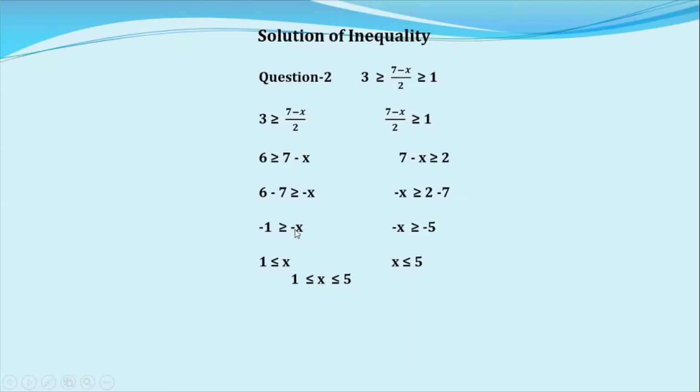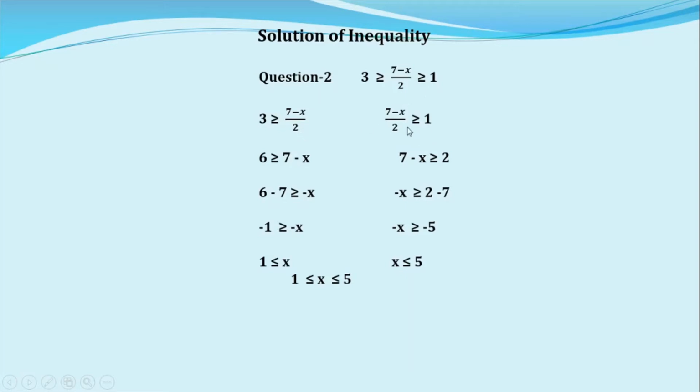So here 1 is the coefficient of this x, minus 1. If we take it on the left hand side, we divide by this minus 1, so it will become plus 1 and the symbol will be reversed, because we divided by minus 1. As we know, the symbol of this inequality will be reversed.